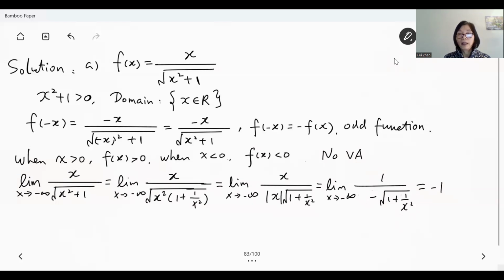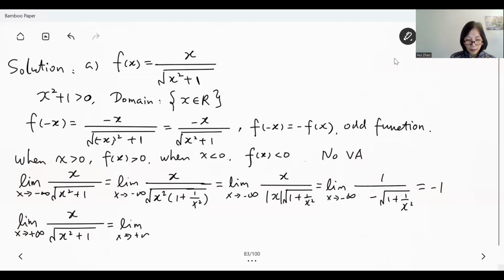This is for the left side. How about the right side? That means x approaches positive infinity, x over the square root of x squared plus 1, which becomes x over x times the square root of 1 plus 1 over x squared. And that equals positive 1.